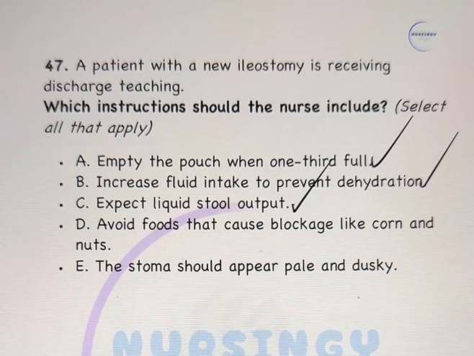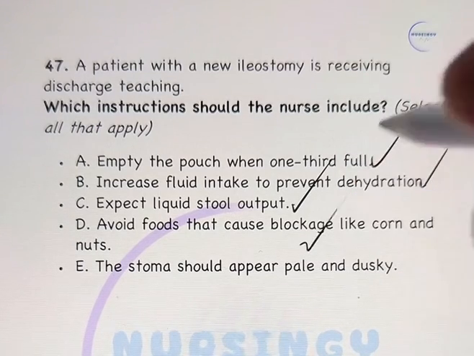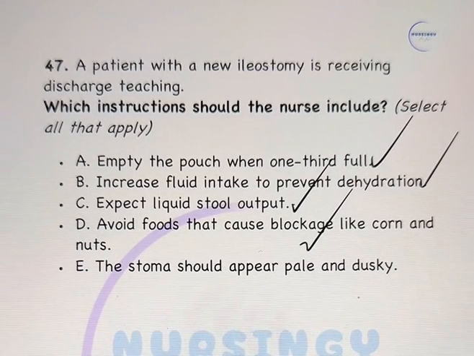D. Yes, D. Definitely they can cause blockage. Especially food that has high fiber can also cause a blockage. Yeah, and we definitely don't want a blockage.